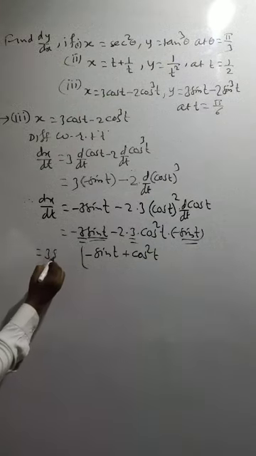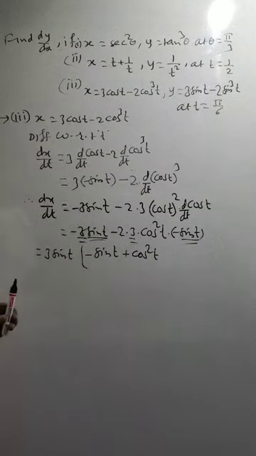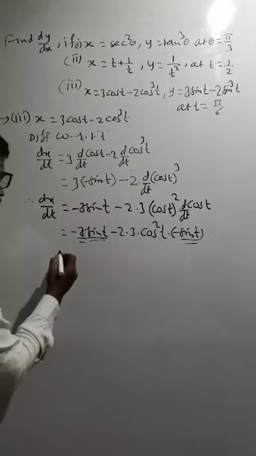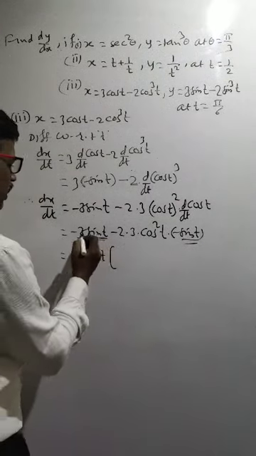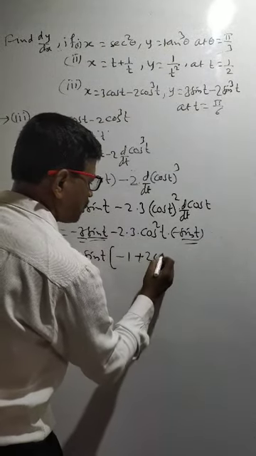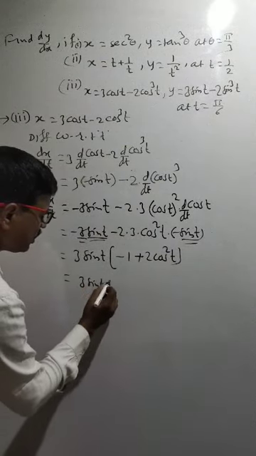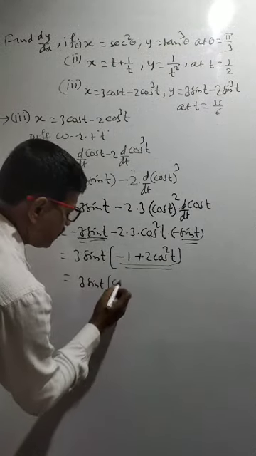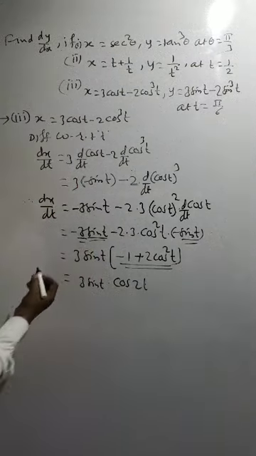We get 3 sin t common into bracket minus 1 plus, minus into minus plus, 2 cos square t, equal to 3 sin t into 2 cos square t minus 1. 2 cos square t minus 1 equal to cos 2t. This is the value of dx by dt.